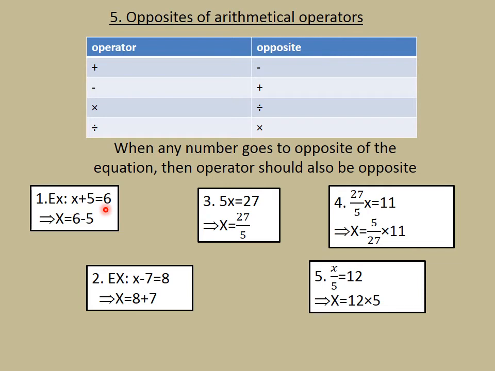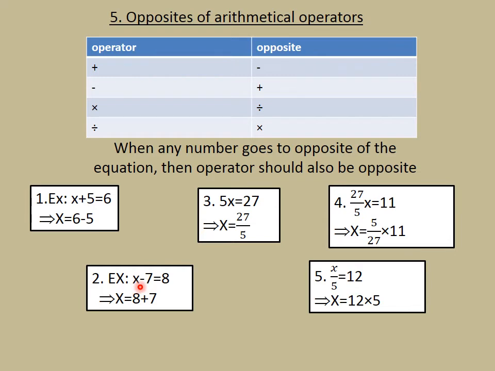What is the x value? Plus 5, if it goes to the right hand side, becomes minus 5. What is the opposite of plus? Minus. So x is equal to 6 minus 5.